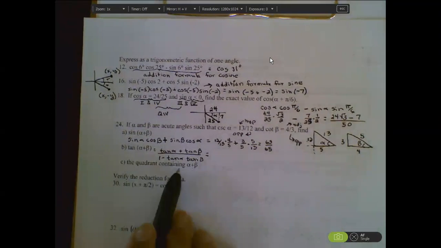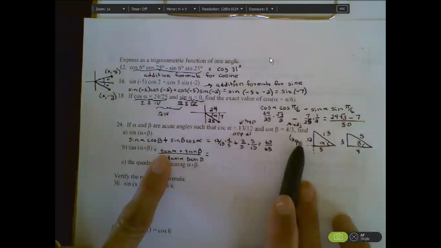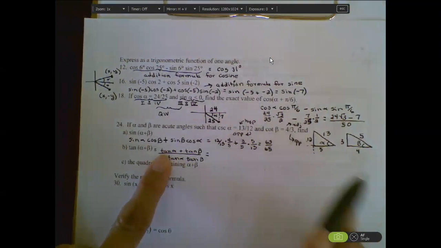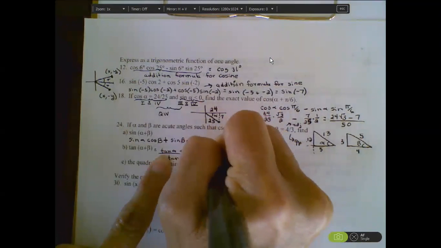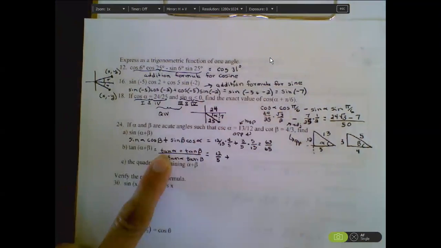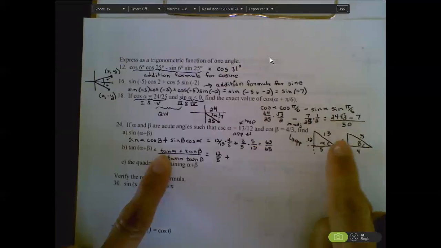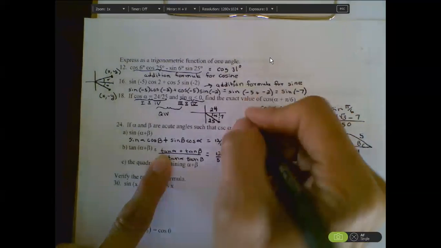And I can just extract those values from my triangles. Tangent alpha would be 12/5. Tangent beta would be 3/4.